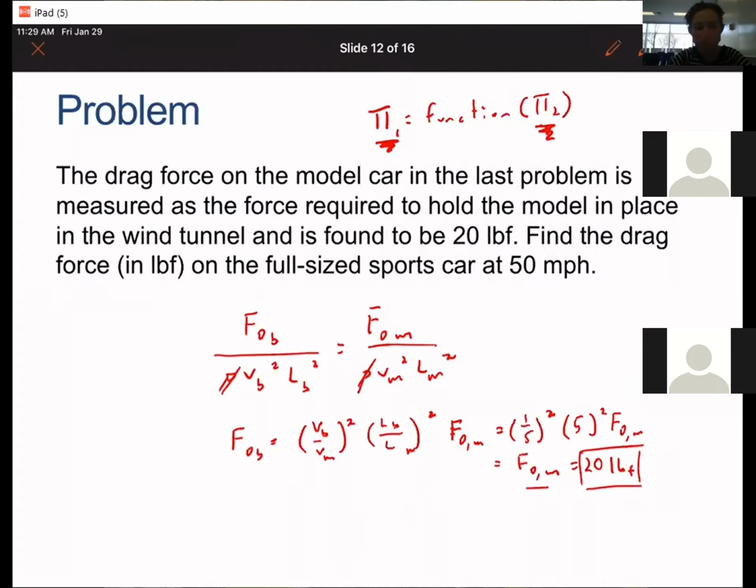We're not particularly interested in the Reynolds number. Our end point is what the velocity of the big one should be to make it similar. Sure. But the pies are related through the function, so if you found one, you could scale and get to the other. Yep. So we could call the one I call 2 the first one and the other one 2. It's arbitrary. Okay. Makes sense.